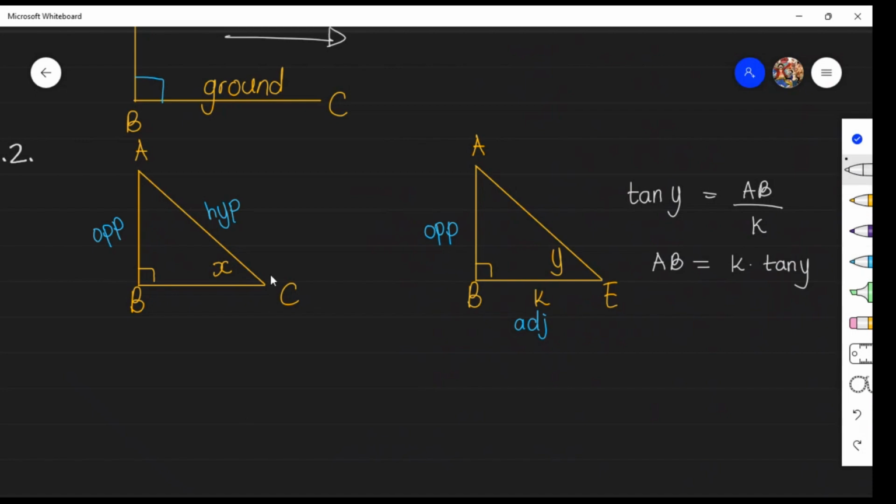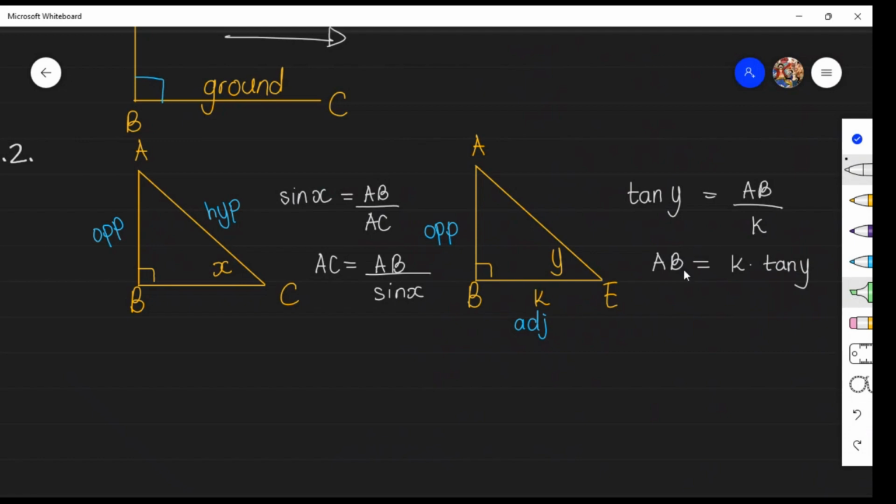So sine of X equals our opposite, AB, over AC, which is what we are trying to find. Now, let us solve for AC, or isolate AC. That is going to be AC equals AB over sine X.